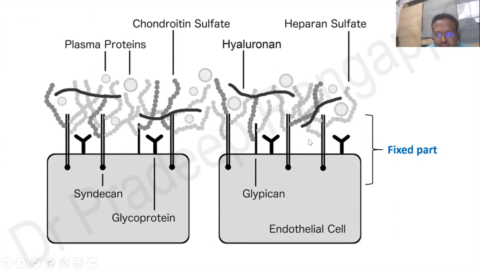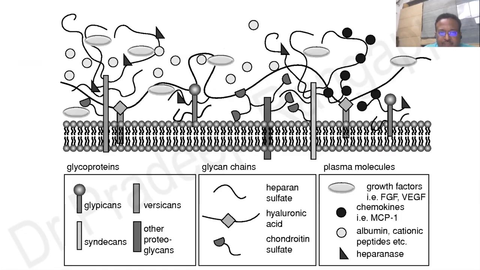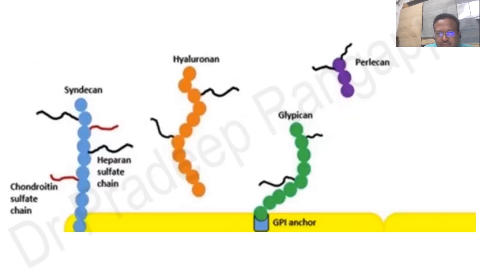As I said, these are the endothelial cells, and the fixed components are all these glycosaminoglycans and proteoglycans. The dynamic part is all these plasma proteins, and the hyaluronan, or hyaluronic acid, is a free floating domain not attached to any core protein. These are some of the other structures that you would find.